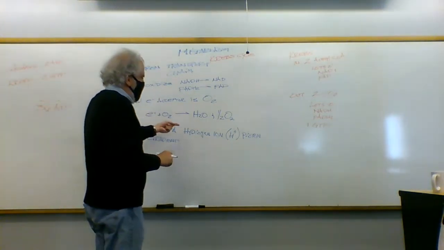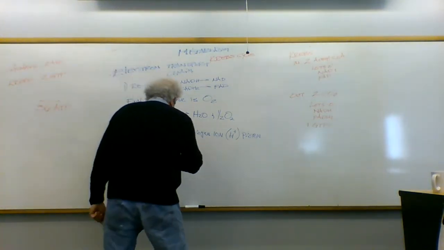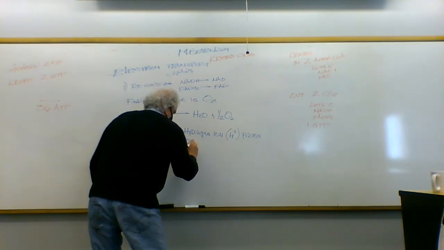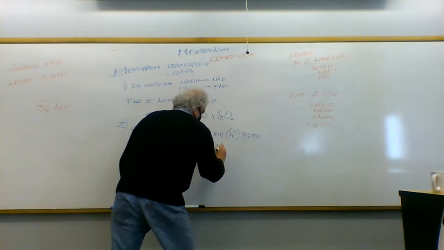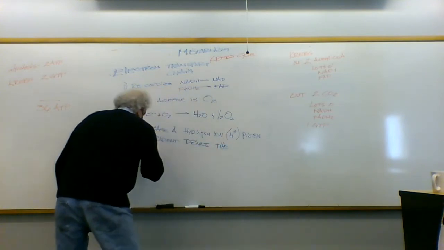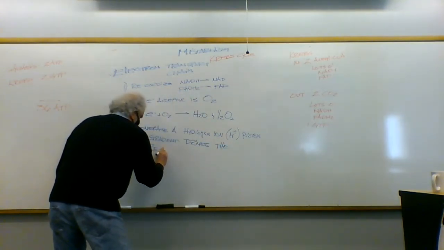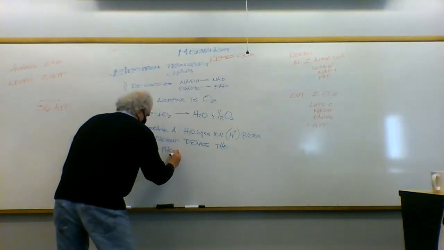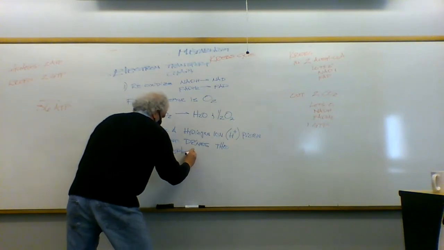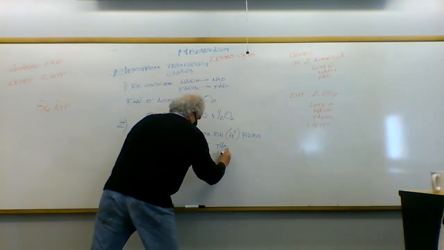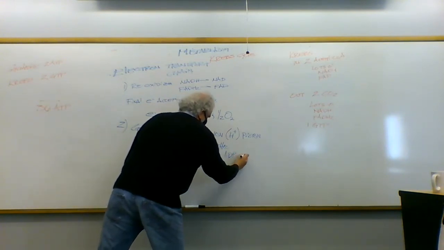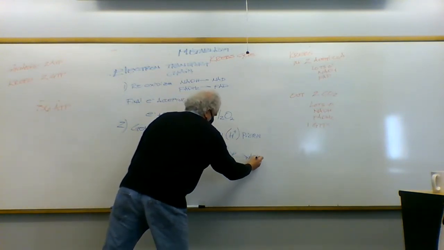So we're going to generate a hydrogen ion gradient, and this is providing the energy that drives the rephosphorylation of ADP back to ATP.